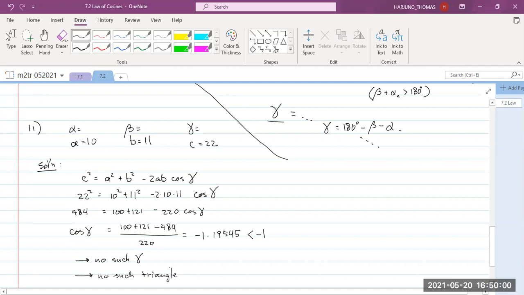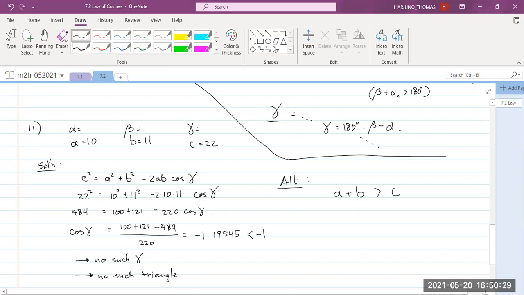Okay, so the answer is actually quite short, right? To reach this conclusion, no such triangle, you apply law of cosine and see no such angle works. But alternatively, we know the triangle inequality. The sum of two sides of a triangle must be longer than the third one, which is not the case here.